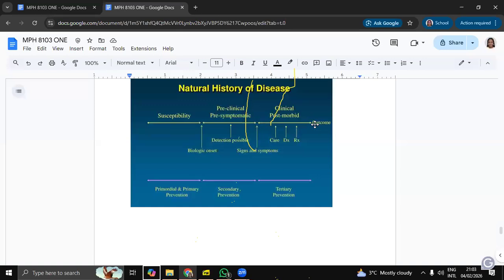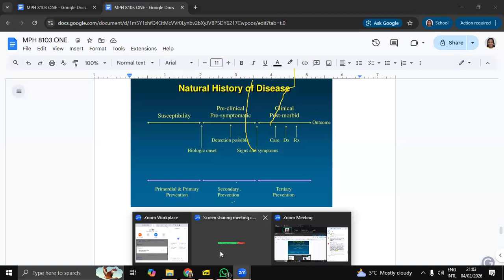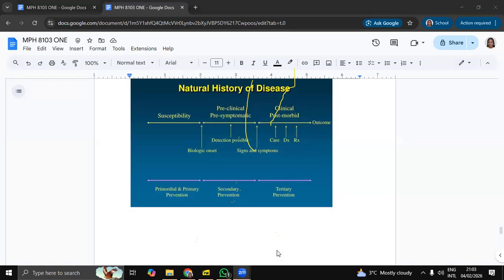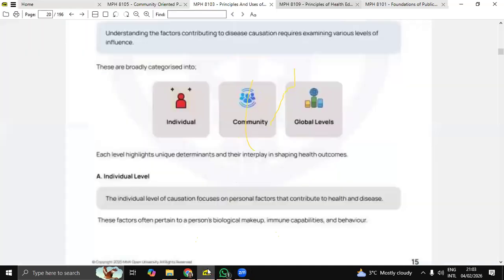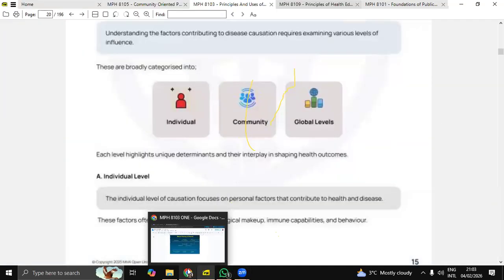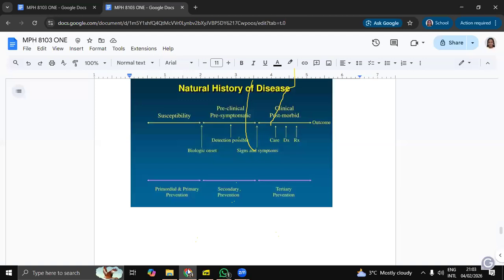So if a person is still at the level of susceptibility, they have not yet developed that disease. If a person is still at the level of susceptibility, they've not yet developed the disease. What we are doing at that stage is called primary prevention.